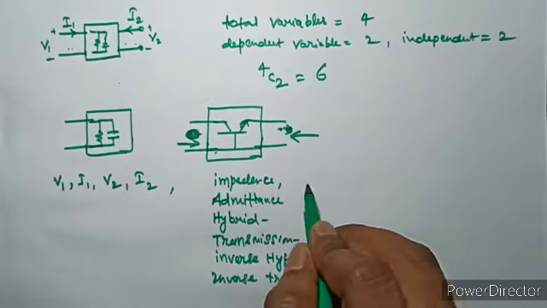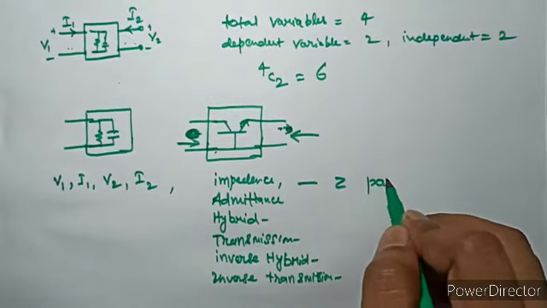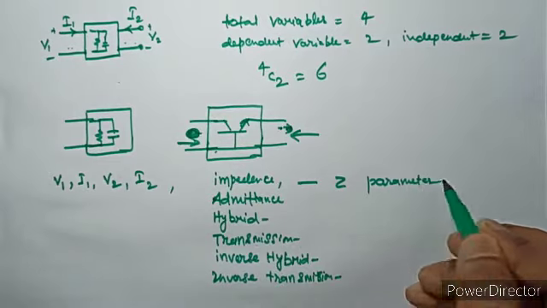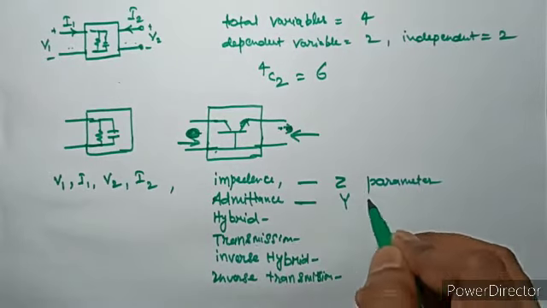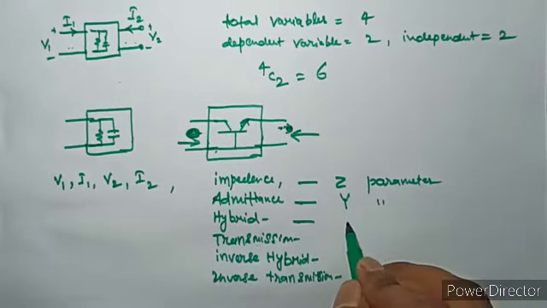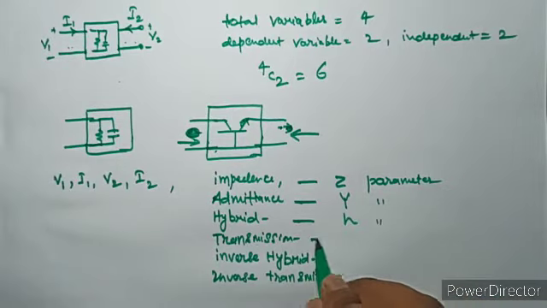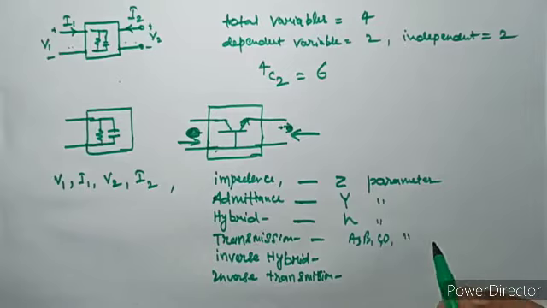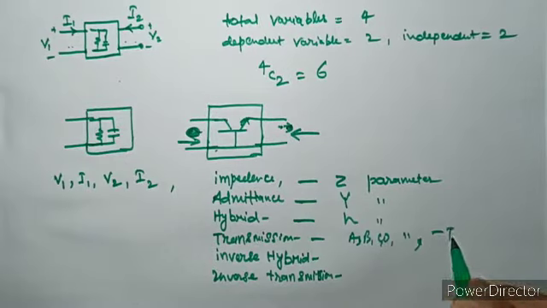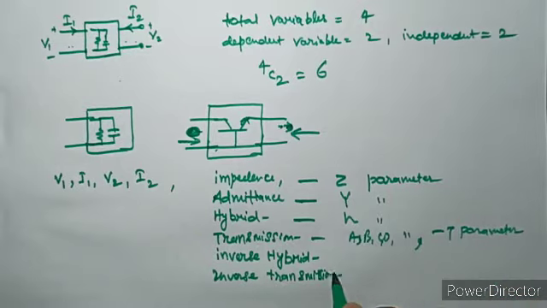These will be called Z parameter, Y parameter, H parameter, ABCD parameter or T parameter, G parameter, and inverse transmission parameter.